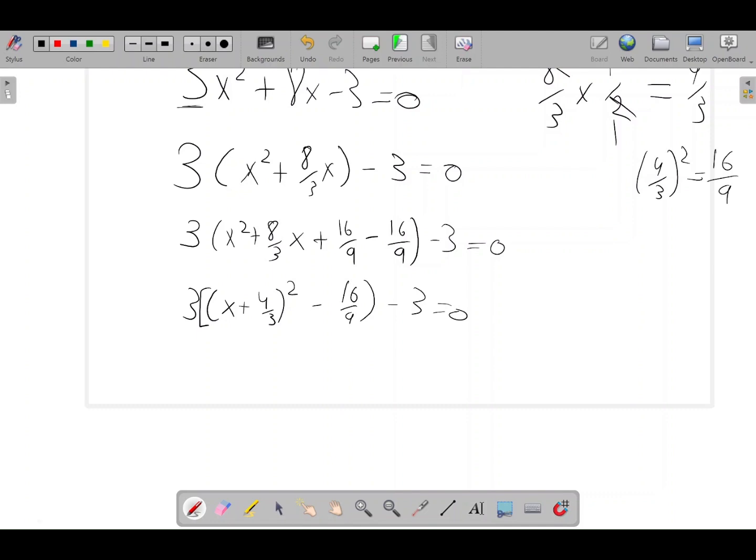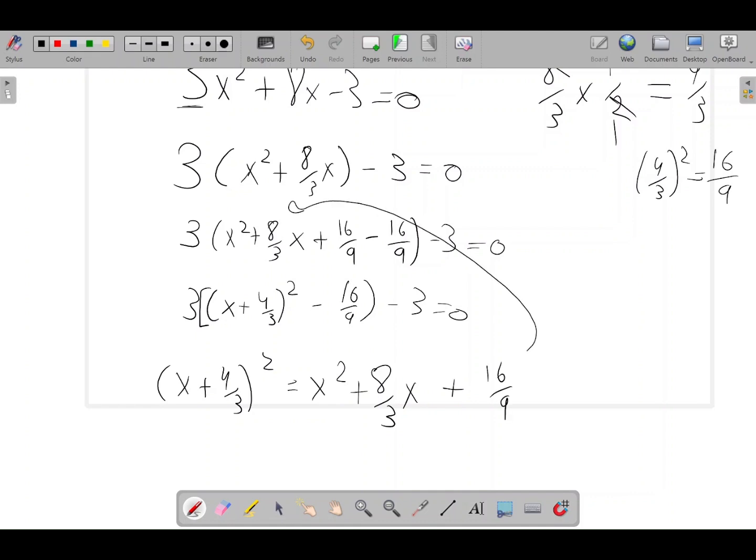Let's expand it just to be sure. (x + 4/3) squared equals x squared plus 2 times 4/3, so 8/3 x, plus what else? 4/3 squared, so 16/9. Yeah, okay, it expands into what we originally had. If it does, that means your trinomial that you factored is correct.